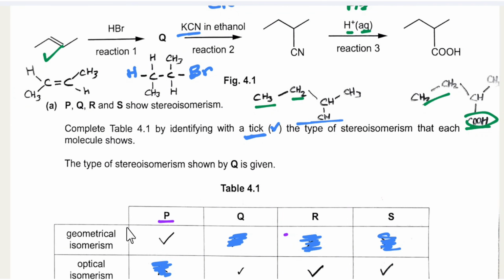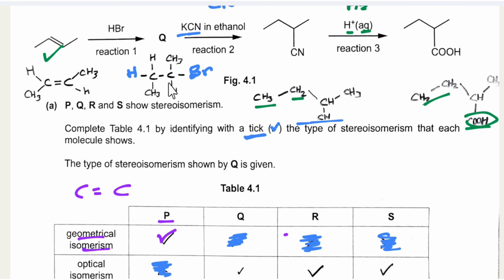And for P, Q, R, S, we need to show which contains geometrical isomerism. Now geometrical isomerism, or cis-trans isomerism, only occurs when a carbon-carbon double bond is present. For structure P, we can see that the carbon-carbon double bond is present, and each carbon atom is attached to two different groups, so cis-trans isomerism occurs.